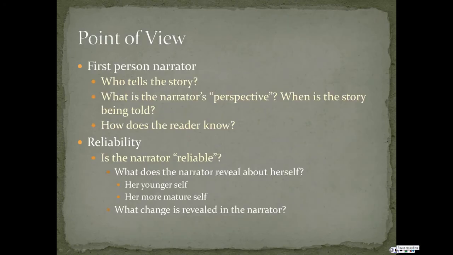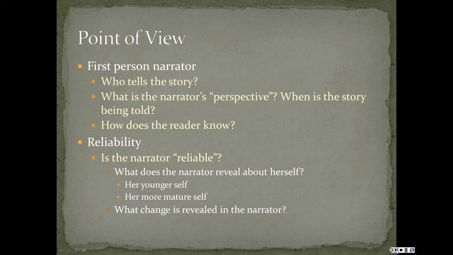One of the elements of the story is the point of view. Who tells the story? In this story, we have a first-person narrator, and the perspective, though, is not that of a 15-year-old girl, but it is the perspective of a woman who is older and who is now married and has children.